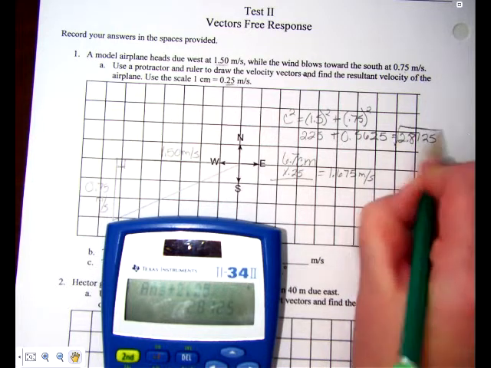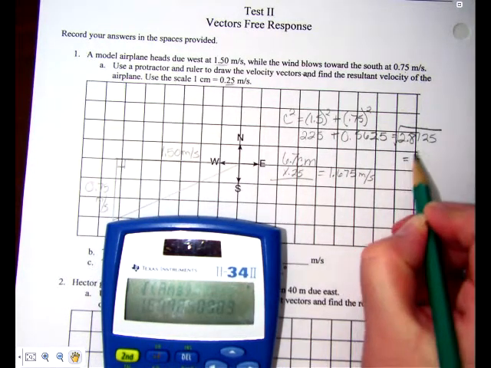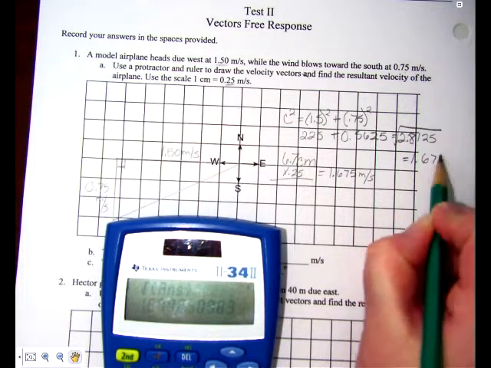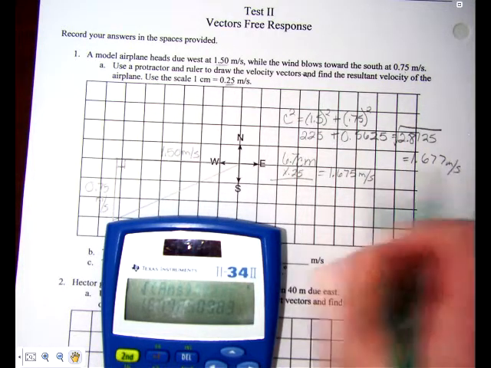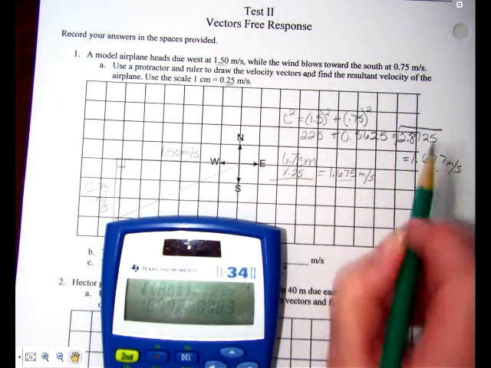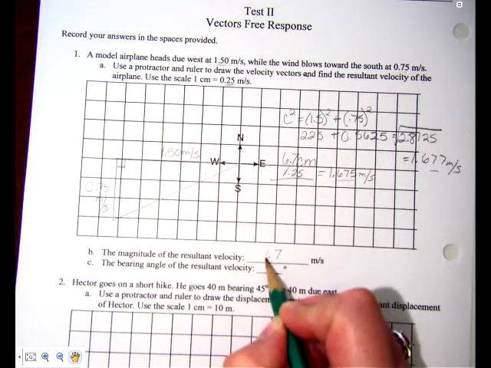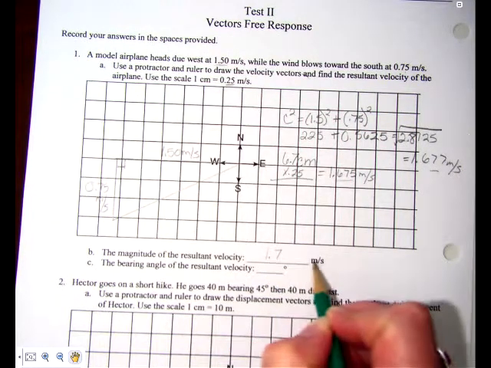Take the square root of that, which comes out to be 1.677, which is very close to what we came out with by measuring our centimeters. So we're still at 1.7 meters per second.